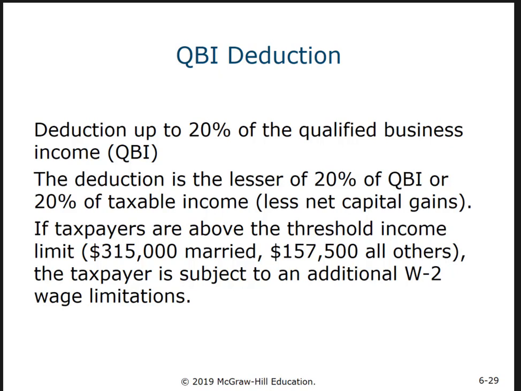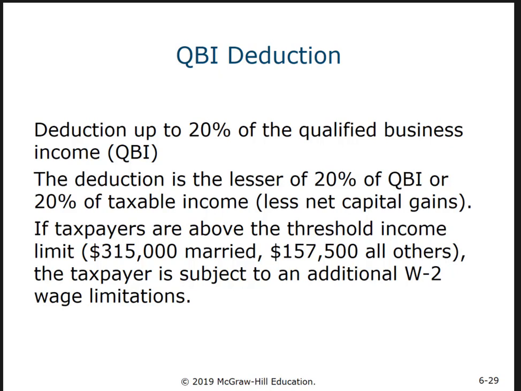Now, thing to remember about this, it does not get reported on the Schedule C. It's based on your income on the Schedule C, but it actually is a deduction directly on the 1040, on line 10. It has its own place. It's not on the Schedule C, but it's based on that. It's 20% of your income on the Schedule C, or your taxable income, whichever is less.